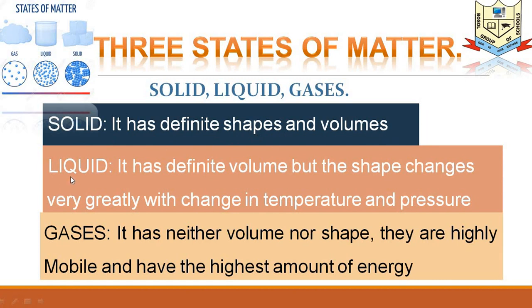Now when we come down to liquids. Liquids have definite volume, but the shape of liquids changes greatly with change in temperature and pressure. When you see a liquid, I believe every one of us knows what a liquid is.